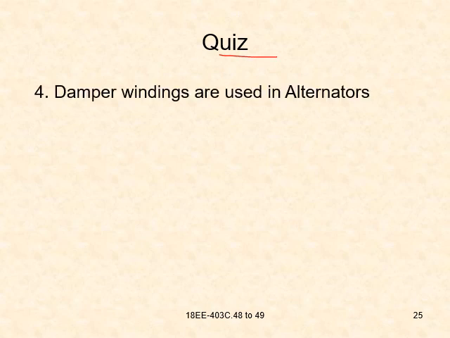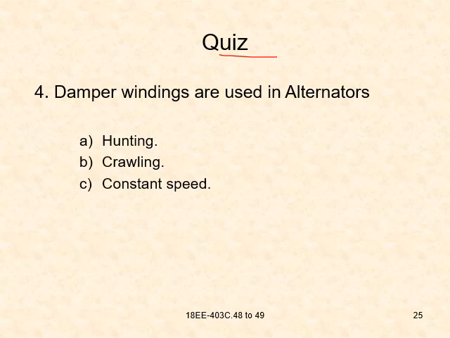Moving on to the next quiz. Damper windings are used in alternators in order to prevent: hunting, crawling, constant speed, none. Damper windings are used in alternators to prevent hunting.